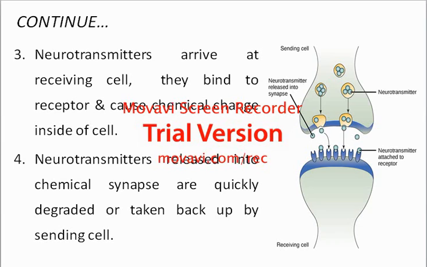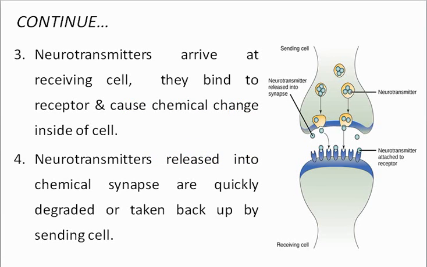The neurotransmitters quickly cross the small gap between the nerve cells. When the neurotransmitters arrive at the receiving cell, they bind to receptors and cause a chemical change inside of the cell.